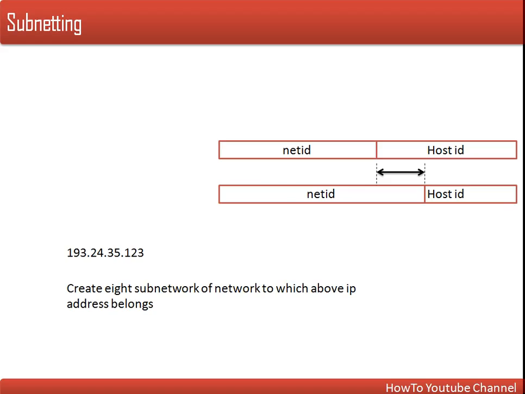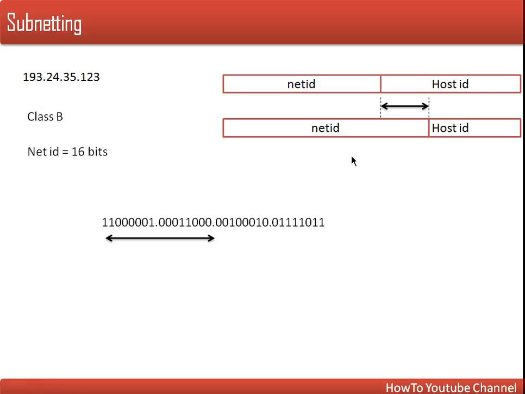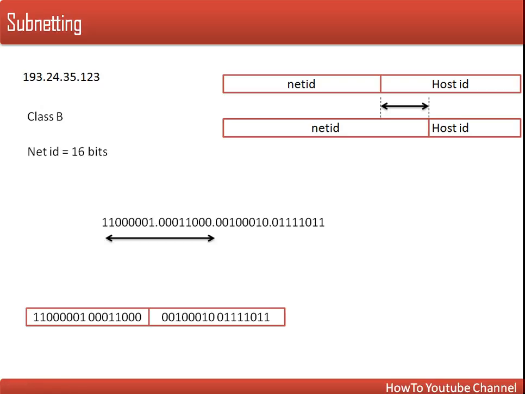If we look at the question, we want to create 8 subnetworks. This is the important metric: how many subnetworks you want to create. It will tell you how many bits you have to take from the host ID. So this representation is 16 bits for network ID and 16 bits for host ID.